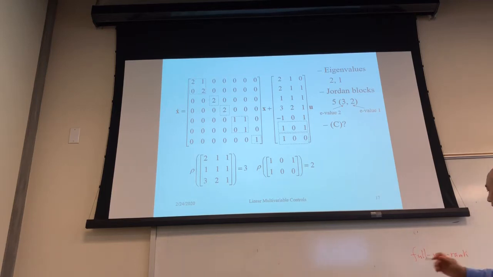That means the rank is the same as the number of rows. In this case, it is fully controllable, so both are controllable. But it's possible that this is 1, and then the overall system is not controllable, but we know which one is not controllable and which one is controllable.